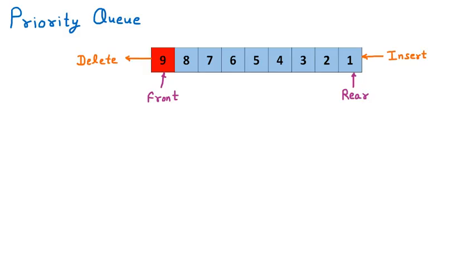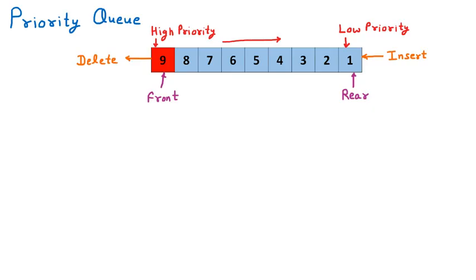The first element, 9, is given the high priority. The last element, 1, is given the lowest priority. So all the elements are assigned priorities from high to low. 9 is high, and going from 9 towards 1 the priority becomes lower.